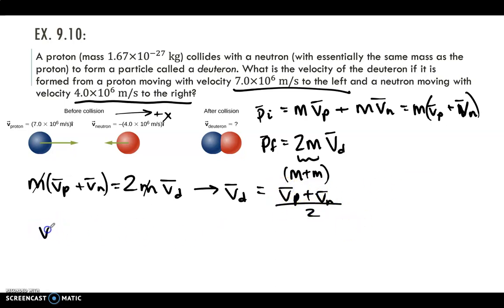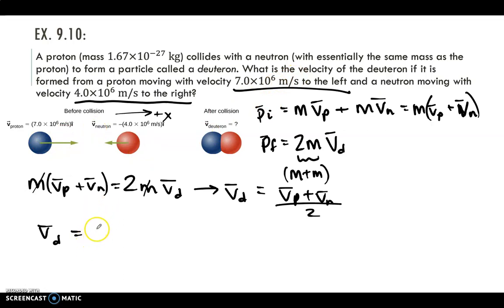So we can plug all of that in. We have our proton moving to the left, and the neutron to the right. What in the world? They got their left and rights backwards. We're going to go off the figure. So they say that's left, sure, that's in the positive direction.